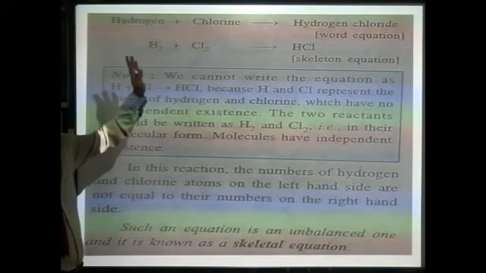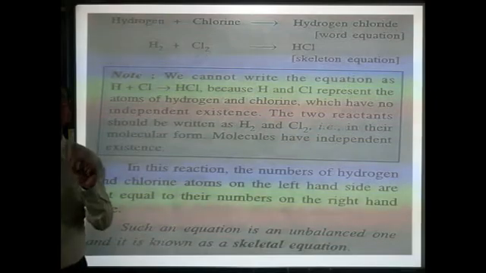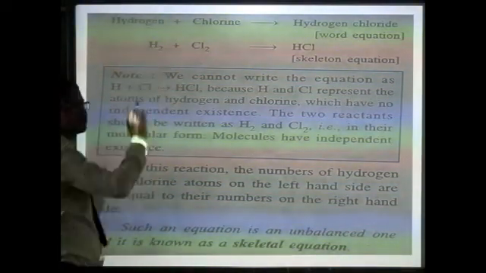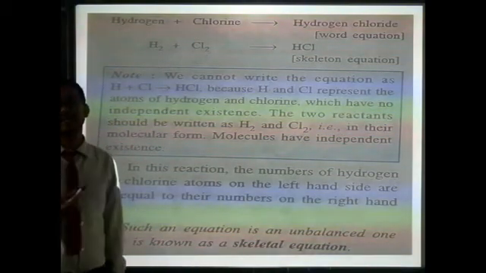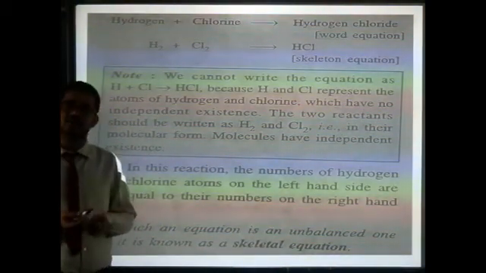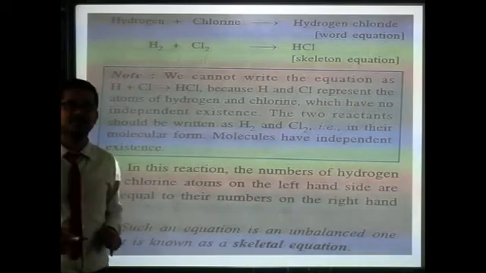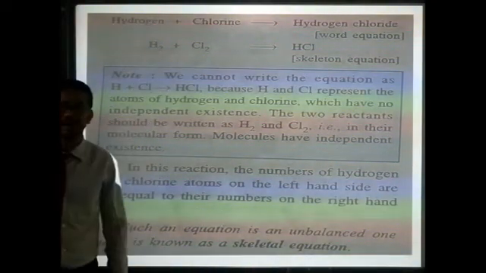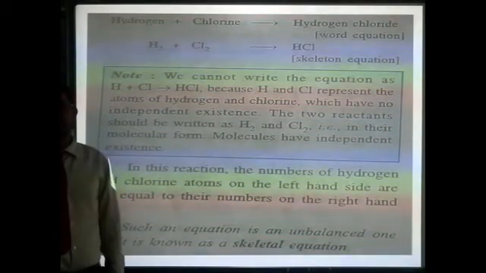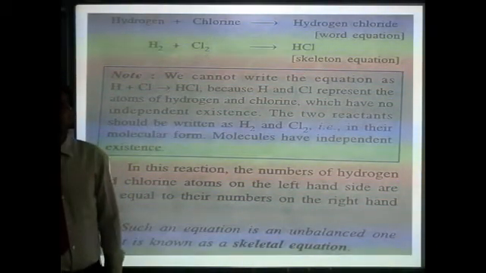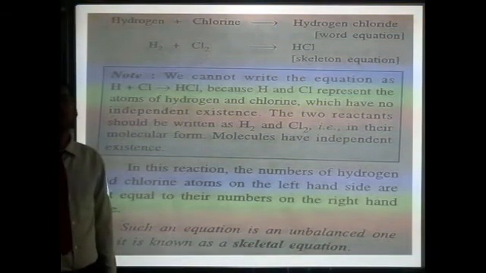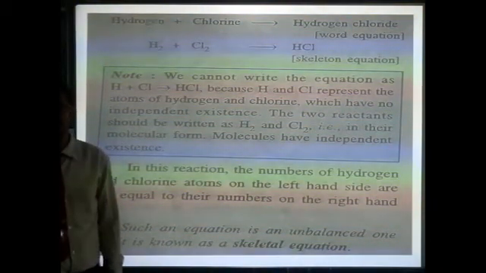Hydrogen exists independently in the form of a molecule. So I cannot write H because it is a diatomic element. It exists in the form of H2 in nature. Hydrogen molecule H2. We do not write hydrogen atom H. We write hydrogen molecule H2 while writing a chemical equation.